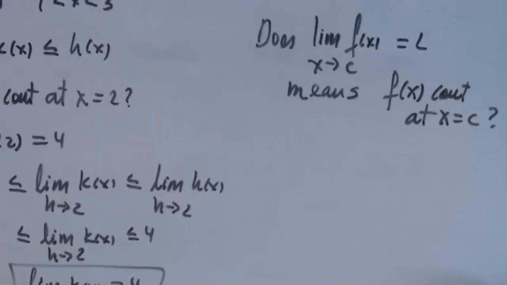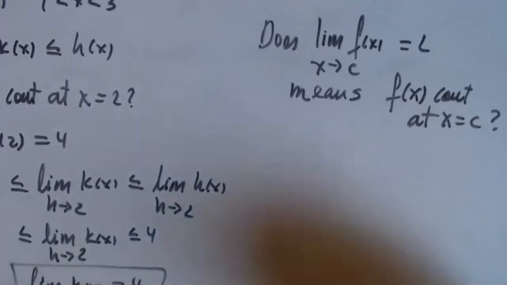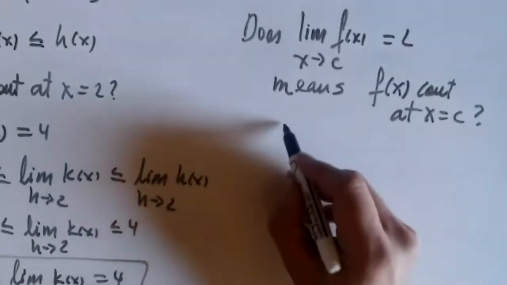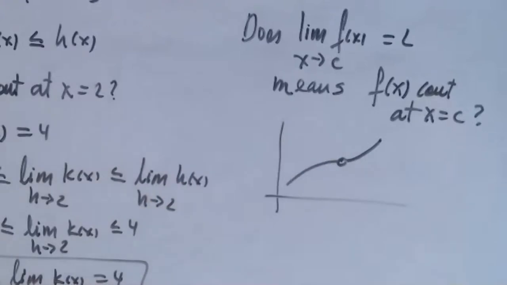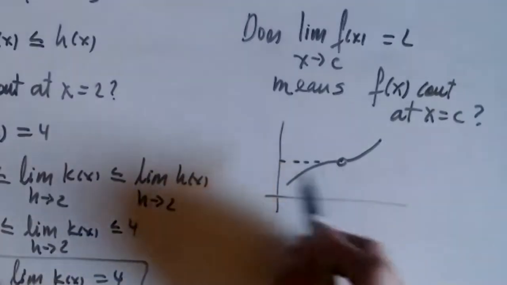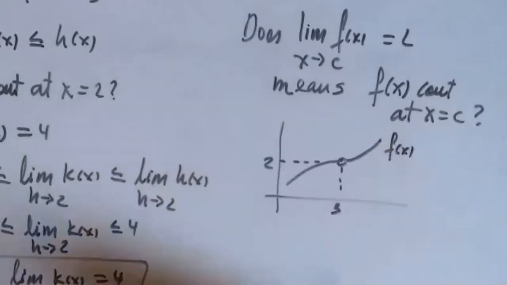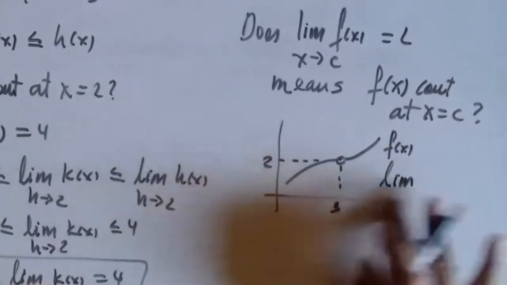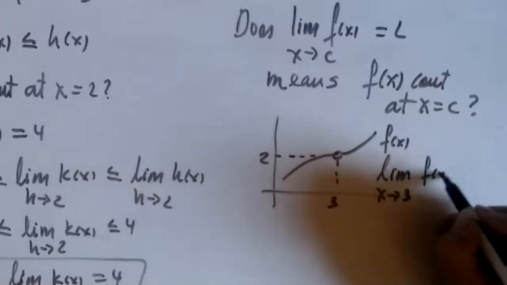So you don't know anything about k of x at 2. The only thing you know is that it is between them. I want you to remember this. If you have this function with a hole here, and this is, for instance, 2, and this is, for instance, 3, and this is f of x, what is the limit when x approaches 3 of f of x?